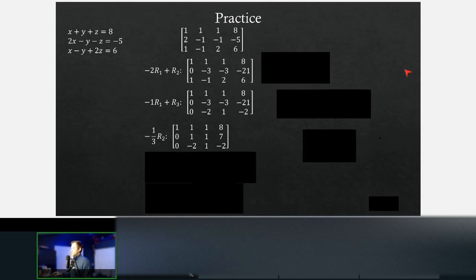We want to make row 1, column 2 a 0, and make row 3, column 2 a 0. We made this a 1, so now we want to make this a 0 and make this a 0. All right, so what operation can we do to make, let's start with row 1, how do we make this a 0, but still keep that a 1?